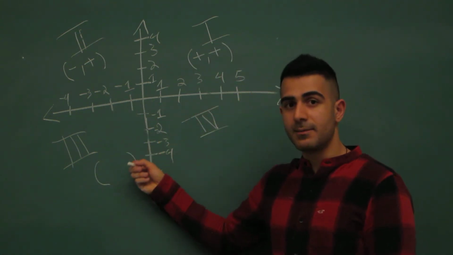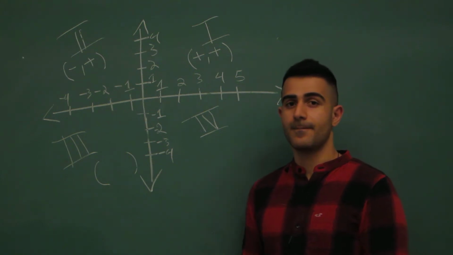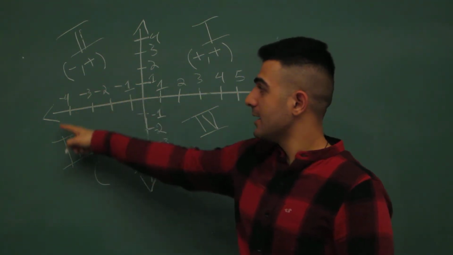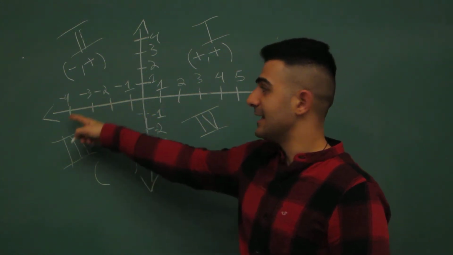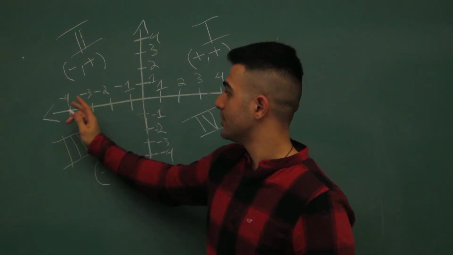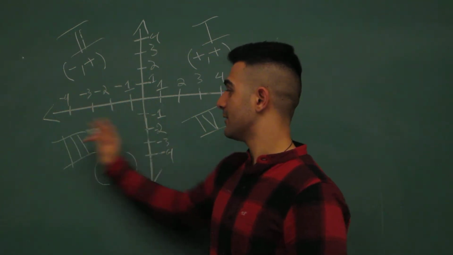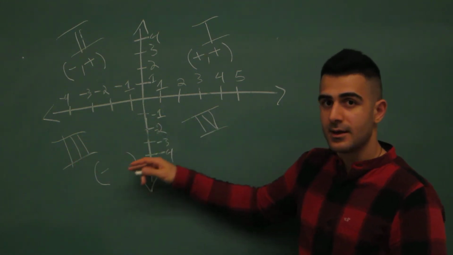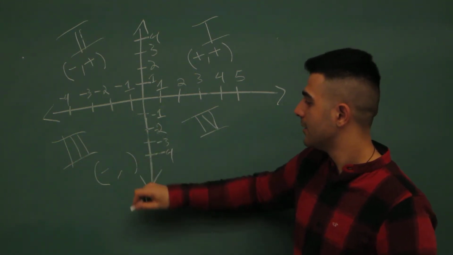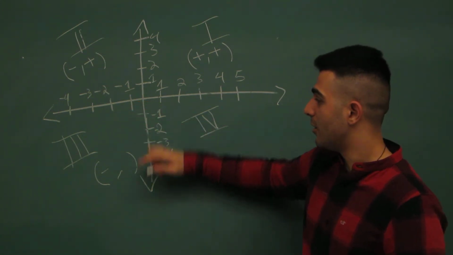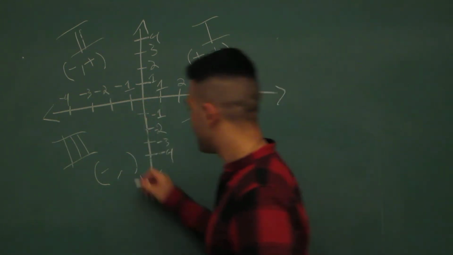What about any point in quadrant 3? We see that any value in quadrant 3, again, will have a negative x value, because it's all numbers that are located here. And also, we see that any y value for quadrant 3 will be negative as well, because all these values are negative.